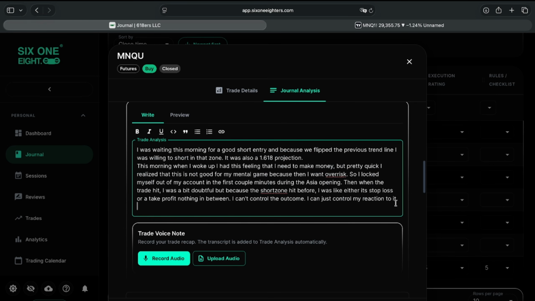You can also write stuff down here, like I was nervous during the trade that it would just go through my stop loss and my breath was shallow.